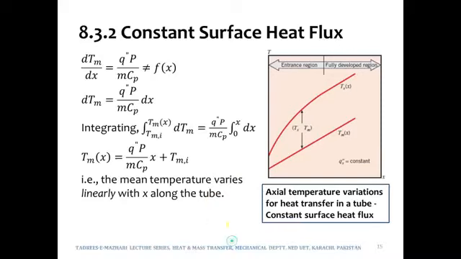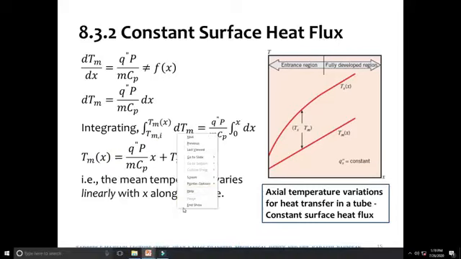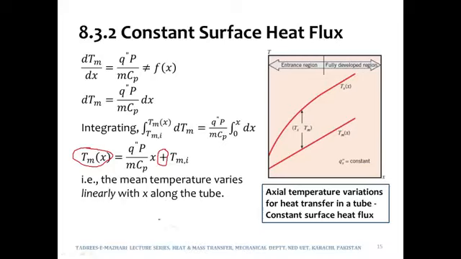So if we take Tmi on the other side, it would be written with a positive sign. And the heat flux times P over m cp times integral of dx is x, and when we put the limits, it would be x minus 0, meaning x. So this is what we will get over here.